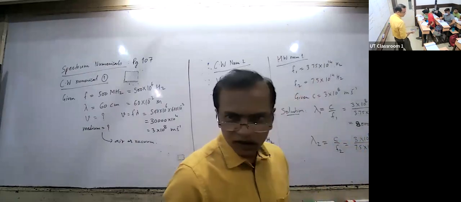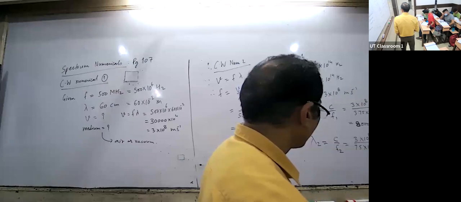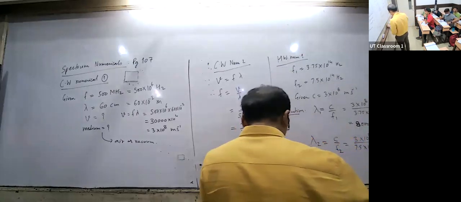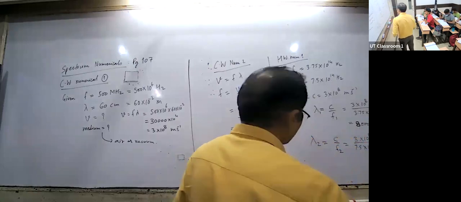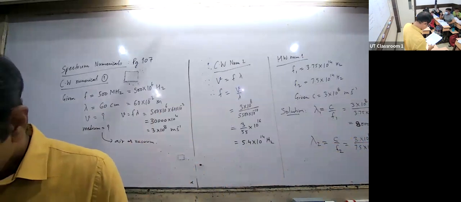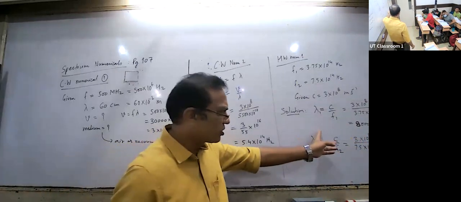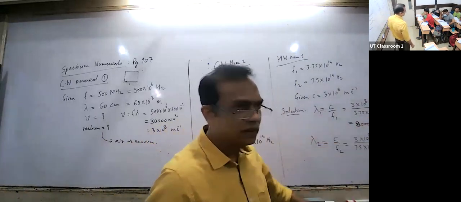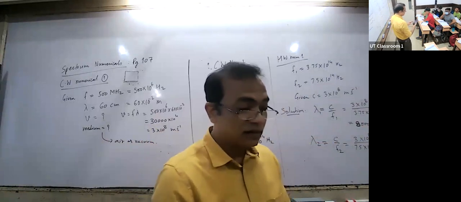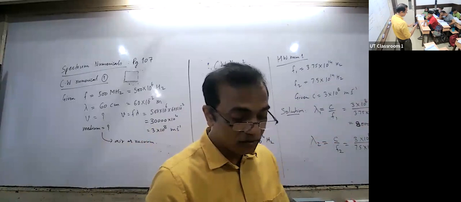Frequency is the same, right? Sir, frequency remains the same, 3.75. One minute, let me check. Wait. So frequency is almost the same only. The order is the same. Okay. I don't know what the mistake is. Frequency should be the same, right? For the visible spectrum.